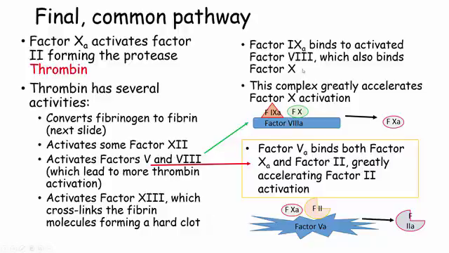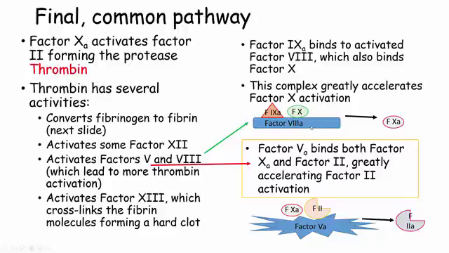So here's how factor 8 and factor 5 work. Factor 8A, after it's been activated by thrombin, has two binding sites. One of those is for factor 9A, and you'll recall that's a protease that activates factor 10, and the other binding site is for factor 10.